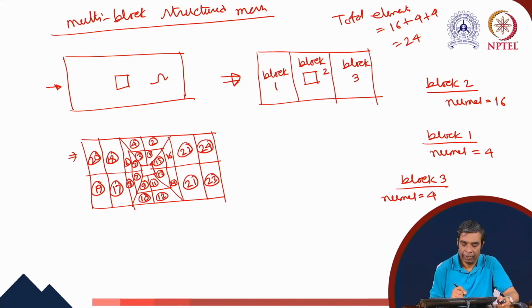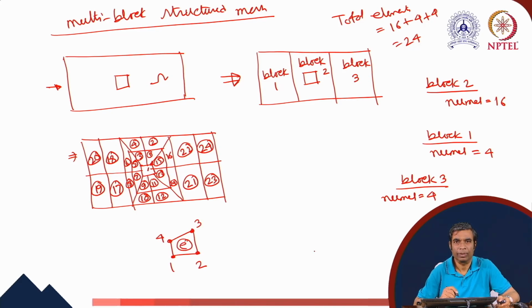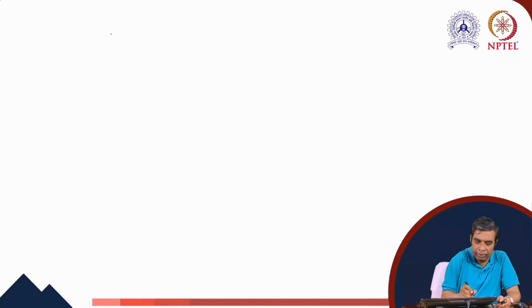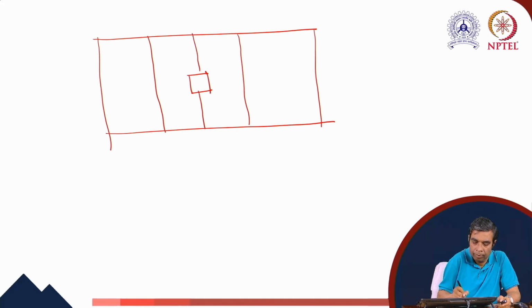Now we do the global node numbering. The local node numbering for the elements, we perform like this: 1, 2, 3, 4. For the global node numbering, we redraw the picture and show it again here.